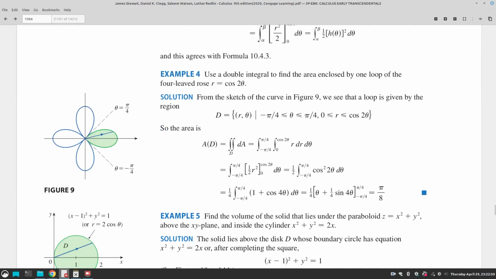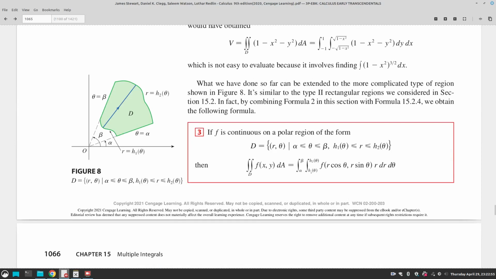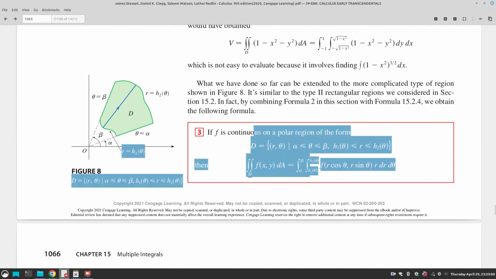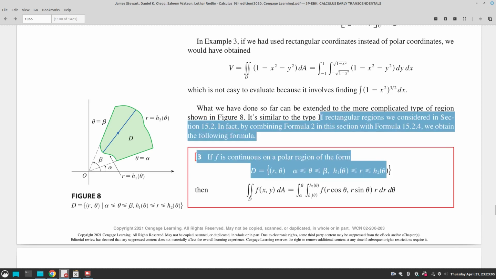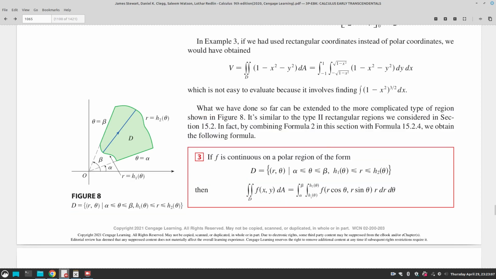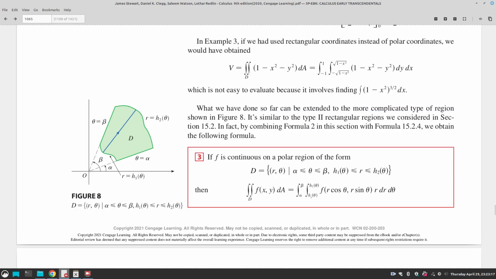And a type 2 region is, of course, when theta is bounded by functions of r. Sorry, this should be type 2 region, right? Okay, it doesn't really matter what you choose to call it. You could call it a type 1 region or a type 2 region. It's entirely up to you.